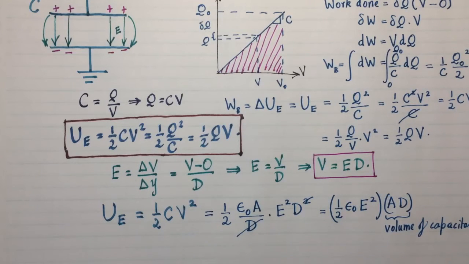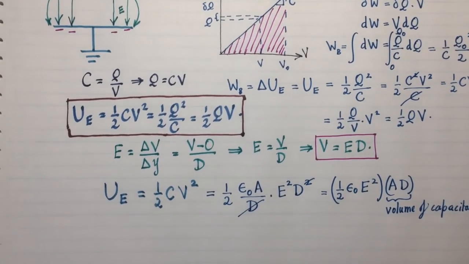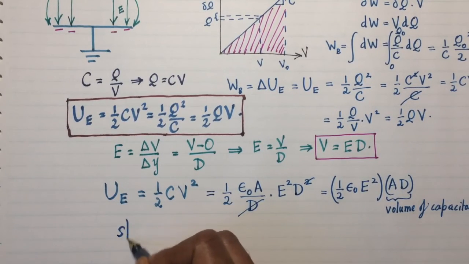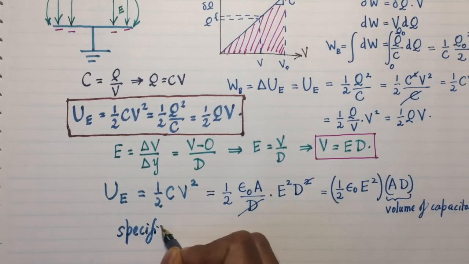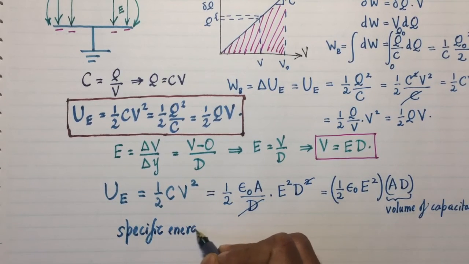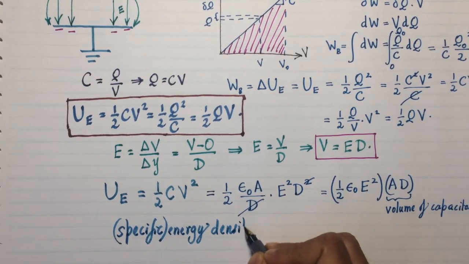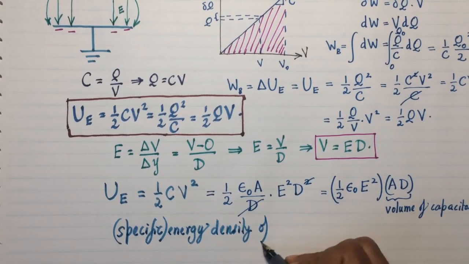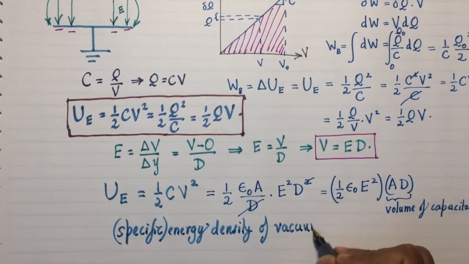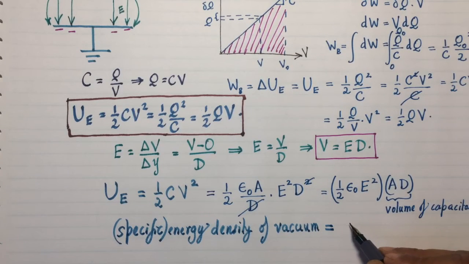What I can now do is to divide both sides by volume. So I'll get what's called a specific energy density, or sometimes simply called the energy density of vacuum. Vacuum in this case because there's nothing filling the capacitor.